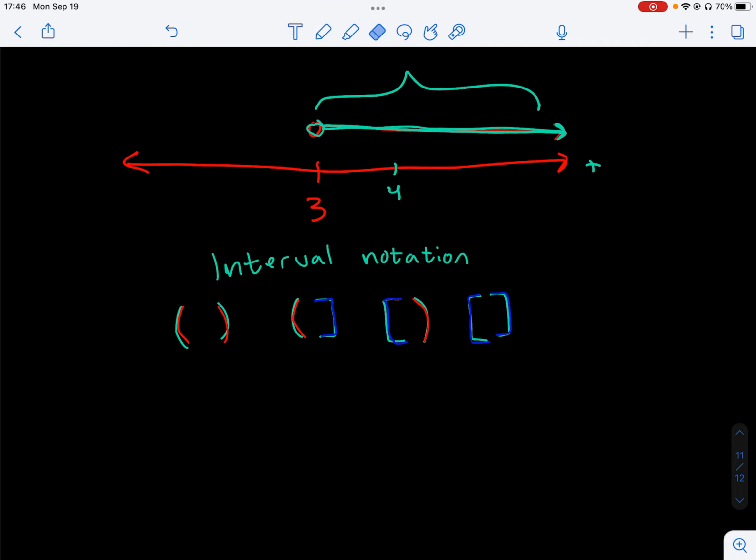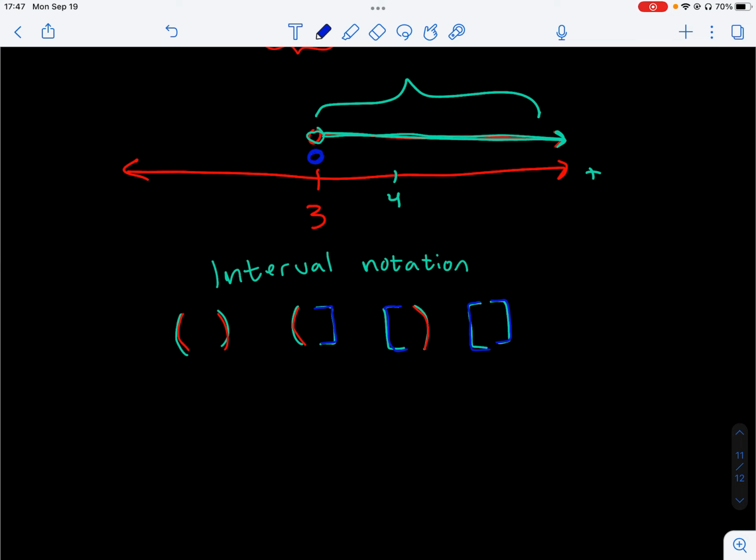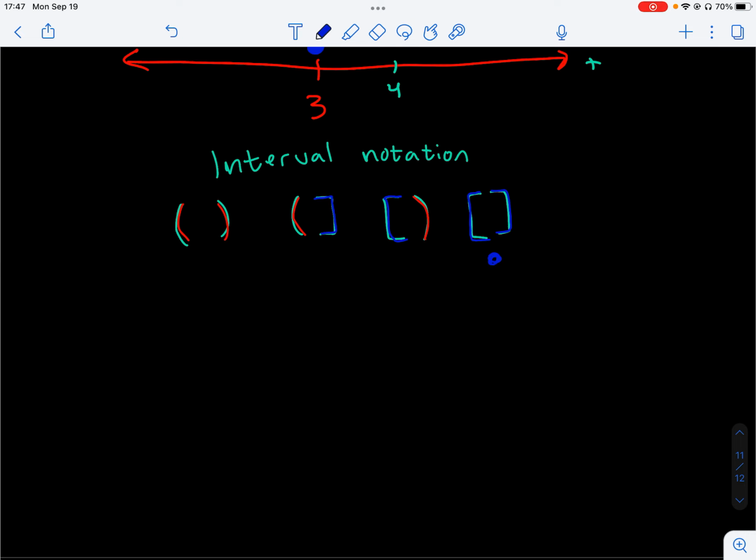Now, when it came to our graph, we had 2 different options as well. An open circle or a closed, filled-in circle. I will tell you that the closed circle is represented by the brackets, and the open circle is like the parentheses.